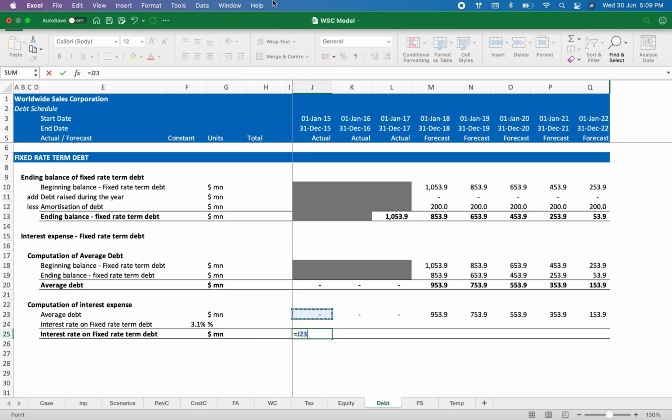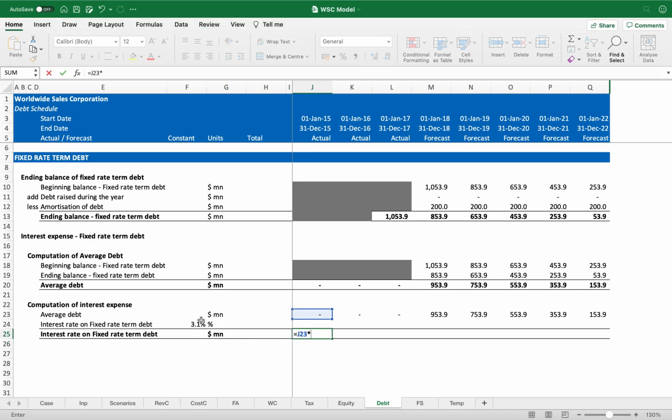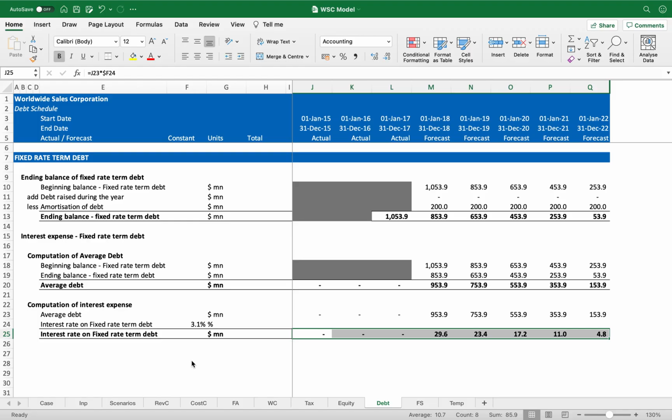Simple computation, your average debt multiplied by 3.1% and do a column freeze. Why? Because I don't want this to move. Okay. Giving you some seconds, guys. Reach till this point.